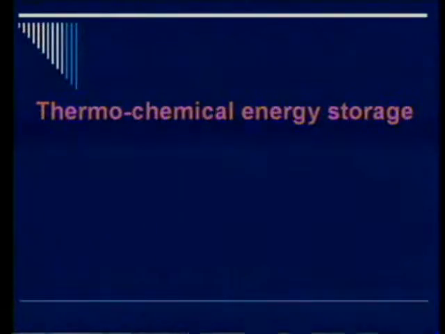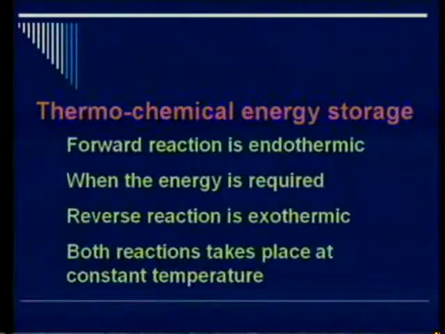Now we move to the next method, that is thermochemical energy storage. The forward reaction is endothermic in thermochemical energy storage. When the energy is required, a reverse reaction is performed, and that reaction is exothermic. Both reactions take place at constant temperature.